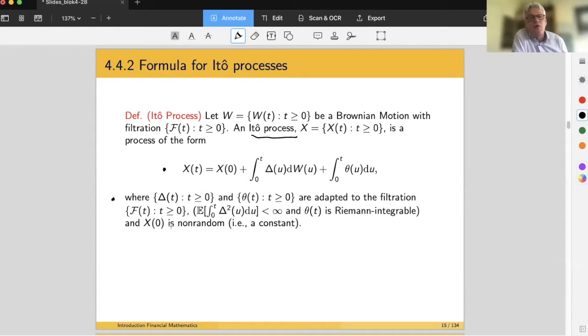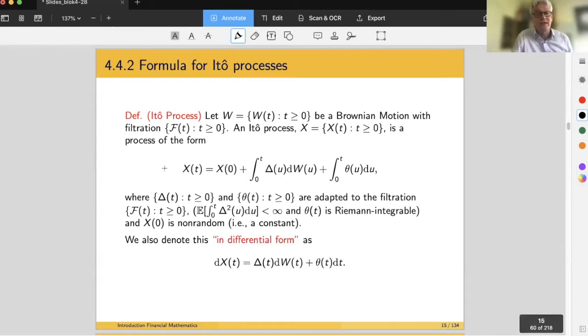And moreover, we require X0 to be non-random, to be a constant. So X0 a constant, two processes adapted to the filtration of the Brownian motion, and the technical conditions for properties to hold true. So let's work with this process.